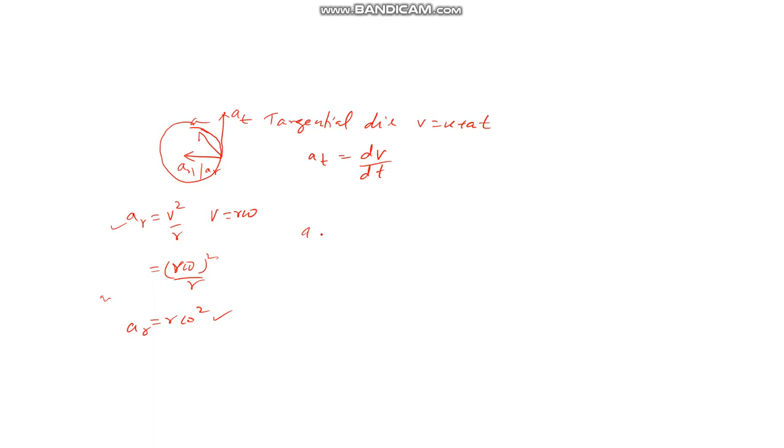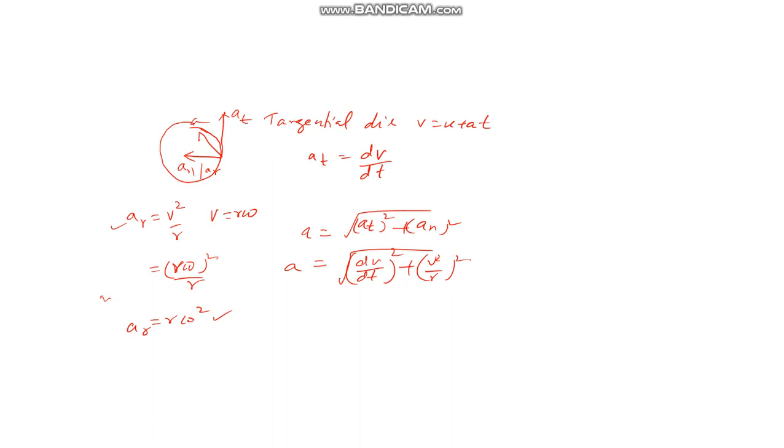So net acceleration would be the square root of AT square plus AN square. AT square will be dv by dt whole square plus v square by r whole square, root over.